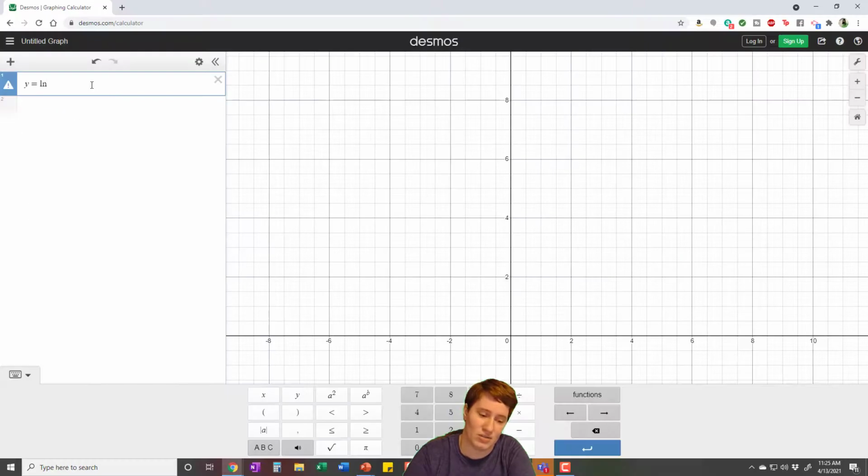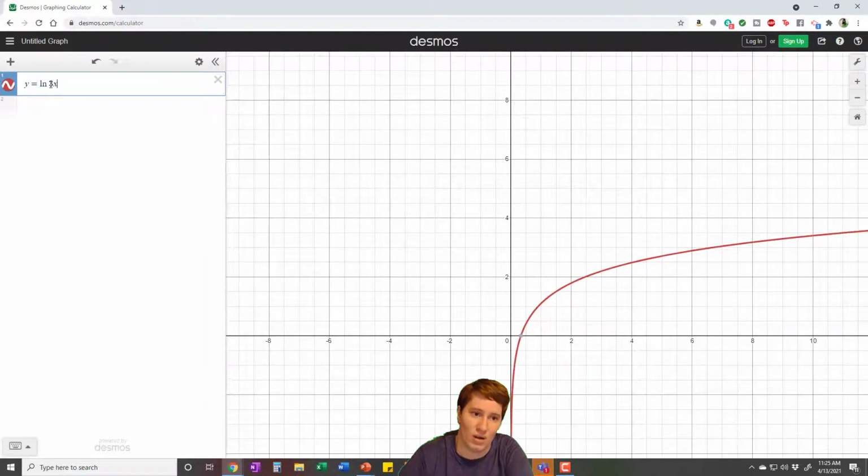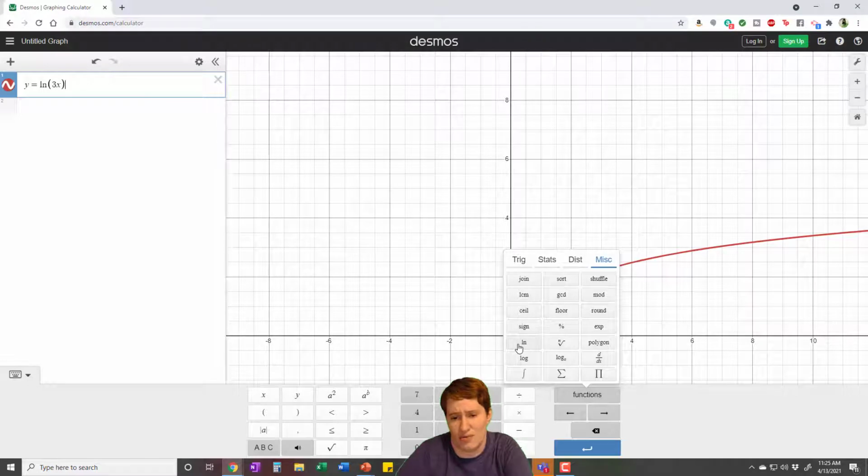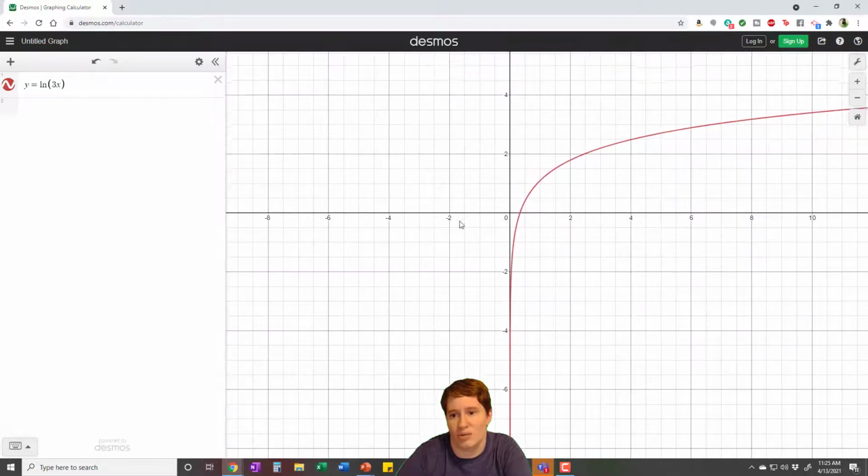I don't actually have to do parentheses on Desmos, but if you want to, you can. Also, ln is a function under functions miscellaneous, so if you're on your phone, that might be the easiest place to do it. I think if you just type ln with the keyboard, it should work, because that's what I did with my computer keyboard.